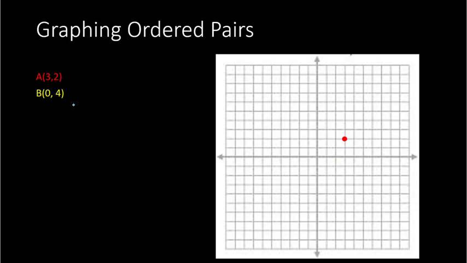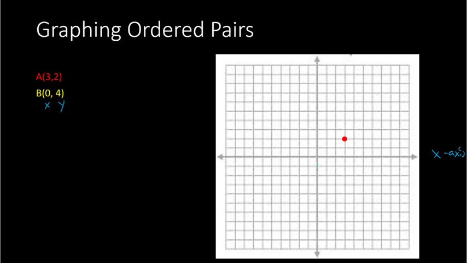Now we have another point. This is point B, and this is found at 0, 4. Now again, remember, your x value is your first number, and your y value is your second number. So when it says graph 0, 4, we have to go 0 in the x direction. X is left and right.